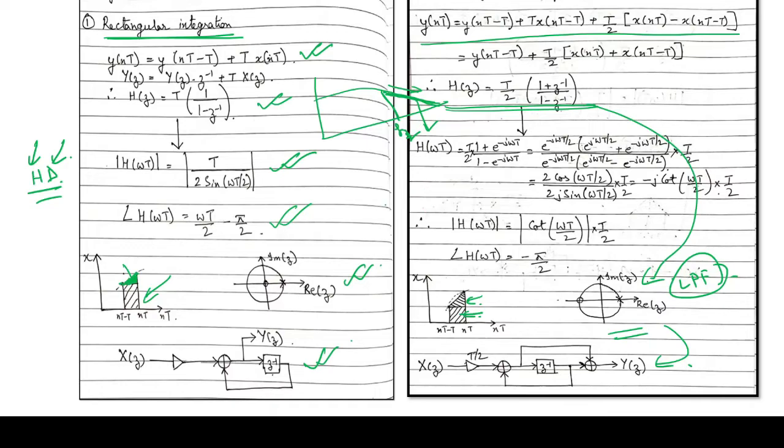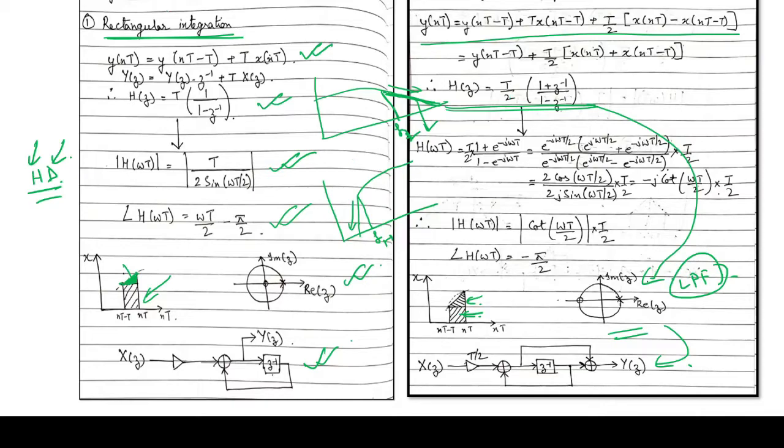Similarly, for the differentiator, below the cutoff region where we have this roll-off area, your high pass filter will be acting as a differentiator. Okay, coming back to our lecture.